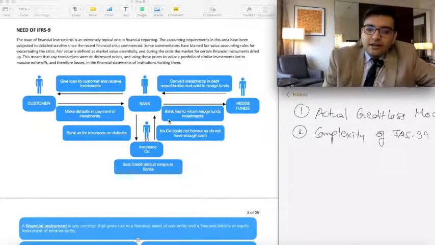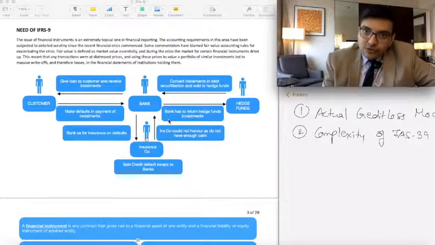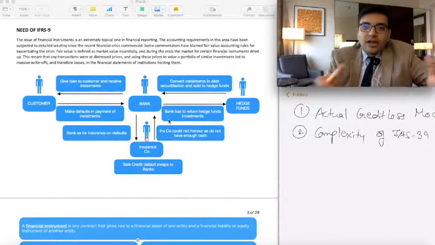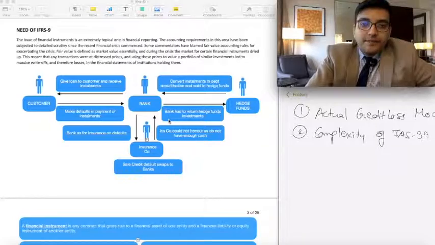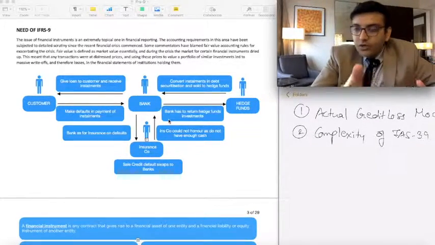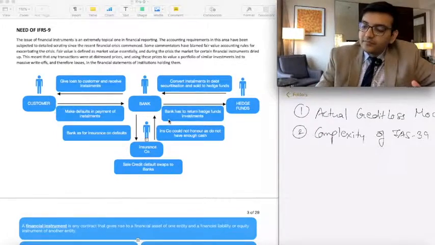Hence, as per the expected credit loss model, as and when you book the entry for giving the loan, in the same year itself you have to book a bad debt provision based on the past estimate. This is what IFRS 9 says. But IAS 39 was based on the actual credit loss model, which we talked about just now.